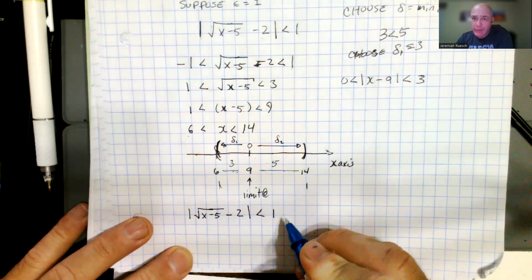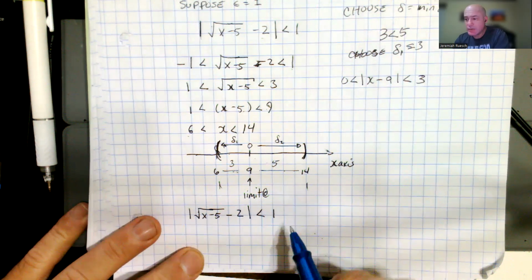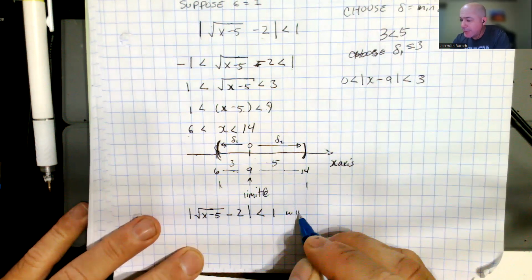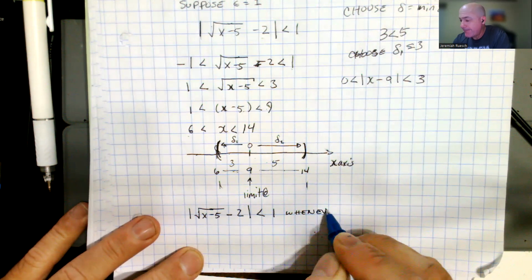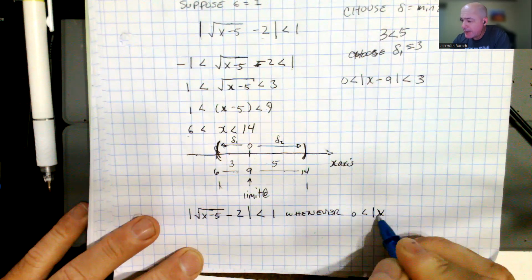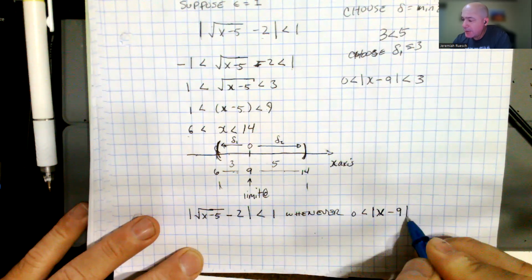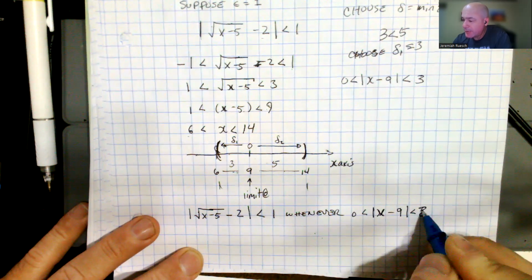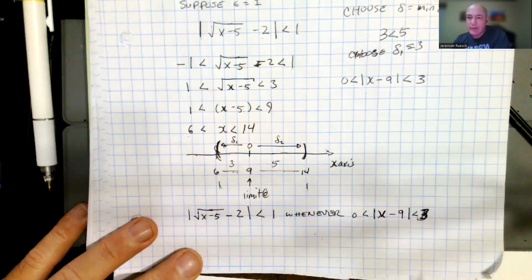Again, our choice of epsilon, we had to choose that to be true, is true whenever 0 is less than the value of x minus 9, which is less than 3. That's the delta that we found.